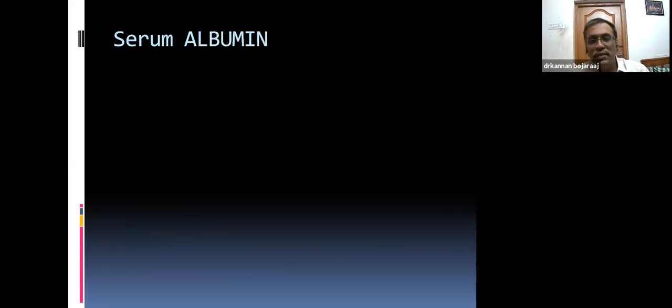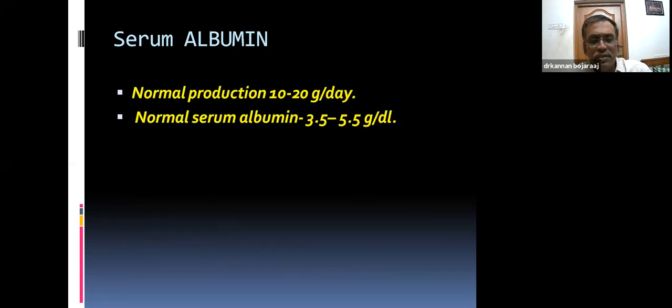And the serum albumin is the most important liver function test. That is because the liver normally produces 10 to 20 grams per day, and it maintains a serum level of 3.5 to 5.5 grams per deciliter.